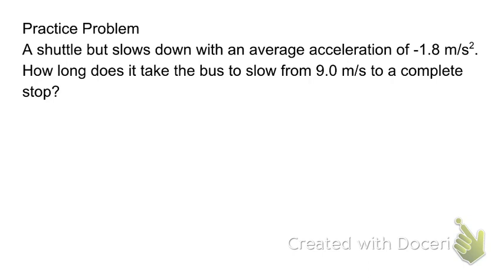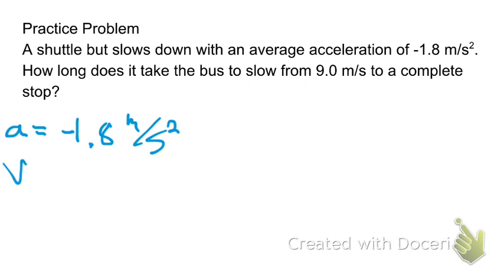Okay, so starting as I always like to start with my knowns, okay? I have an acceleration. It's negative 1.8 meters per second squared, and as you're going to discover, generally speaking, the negative sign means you're slowing down, positive sign means you're speeding up. There are some cases in which that's not the case, and we'll talk about that in just a minute, but generally speaking, deceleration is a negative number.